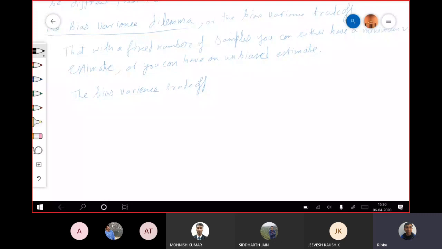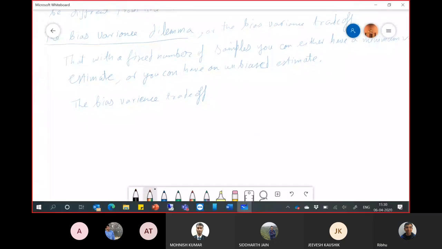The pen batteries have died. So the bias variance trade-off.